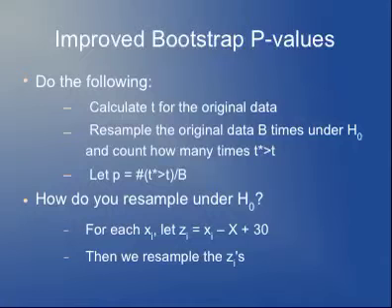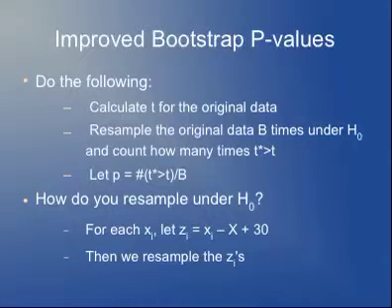Well, if the null hypothesis is true, then the mean should be equal to 30. So we transform the data x to a set of variables z, where you take each element of the data set, subtract x bar, add 30, and then you resample these z_i's.